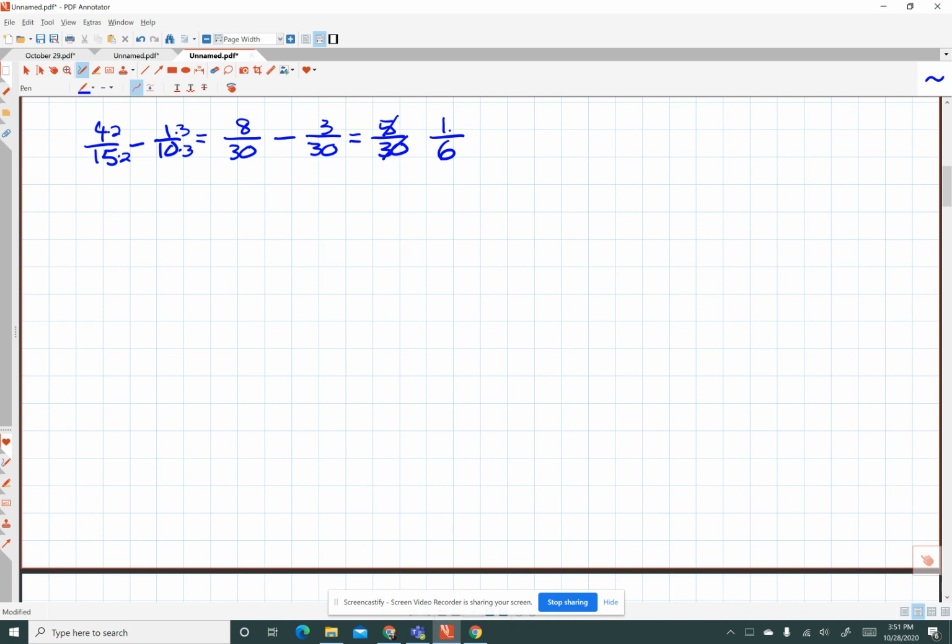Now let's finish the problem. Now we have 1/6 plus 5/8. So we're doing the rest of the problem now. And here our denominator will be 24. So 6 times 4 is 24. 1 times 4 is 4. 8 times 3 is 24.